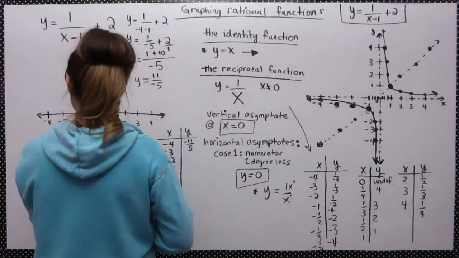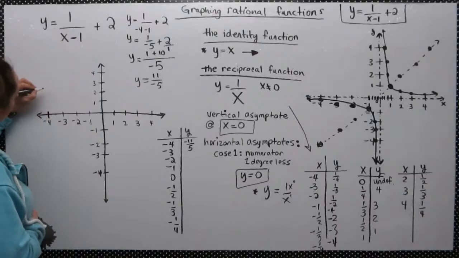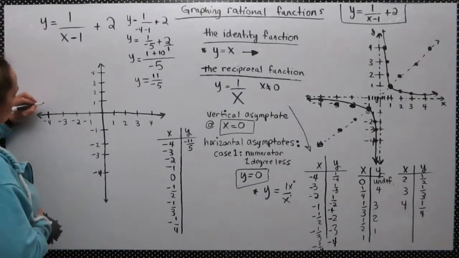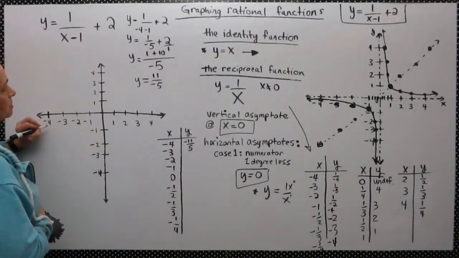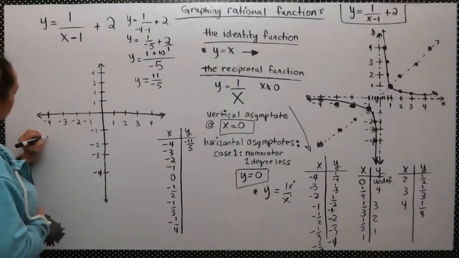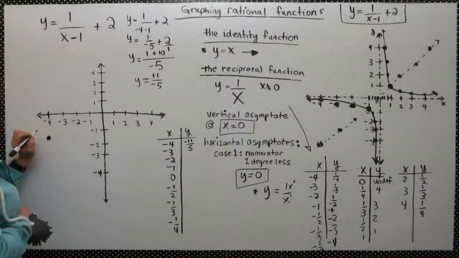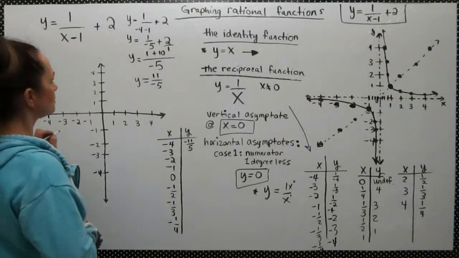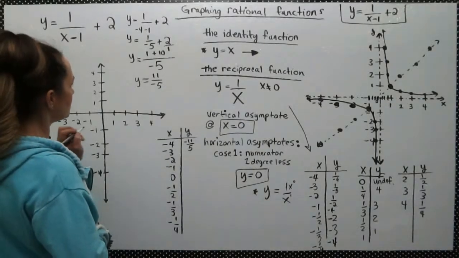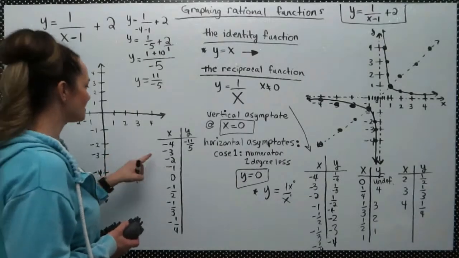So at -4, we're all the way up here, almost -2. Yeah, right here: -4, -2, if I calculated that correctly. This would be really ugly without a calculator, but that's okay.